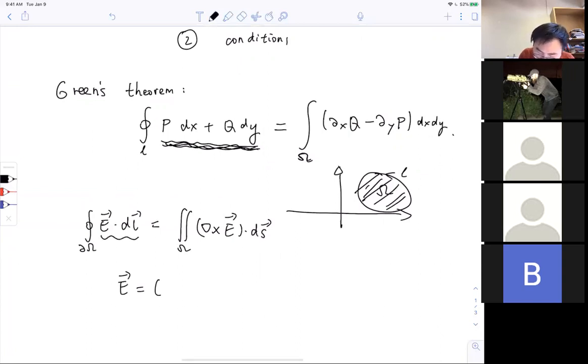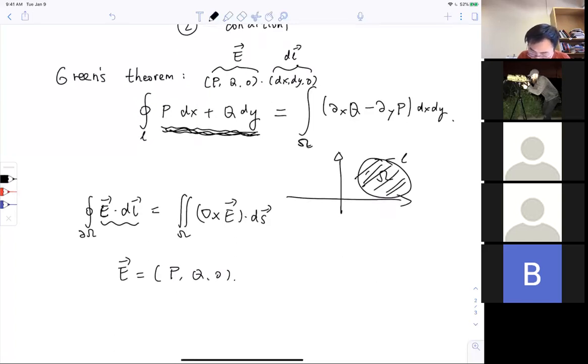This is nothing but (P, Q, 0) dot (dx, dy, dz), but in 2 dimensions dz is 0. So this is nothing but E dot dl, and we identify this vector E with (P, Q, 0).